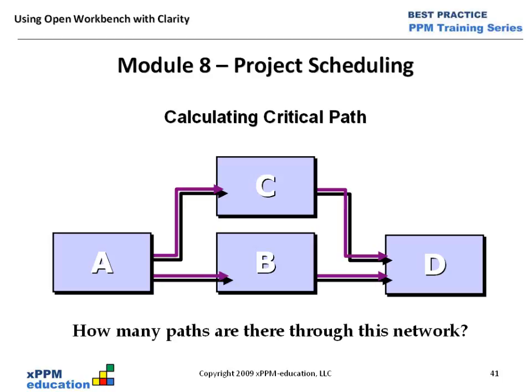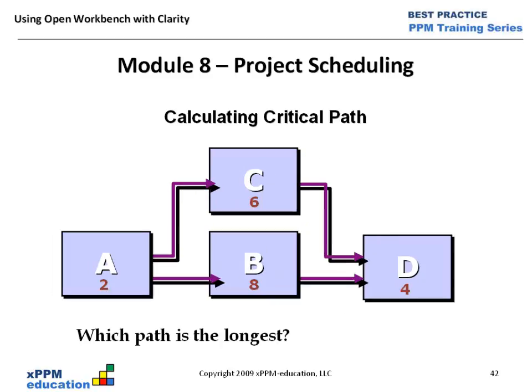And the answer, of course, is there are two. One path goes from A to C to D, and the other path goes from A to B to D. Of course, in real life, the dependency network is much more complex than this, but the concept is the same. You can figure out the paths, and actually Open Workbench does that.